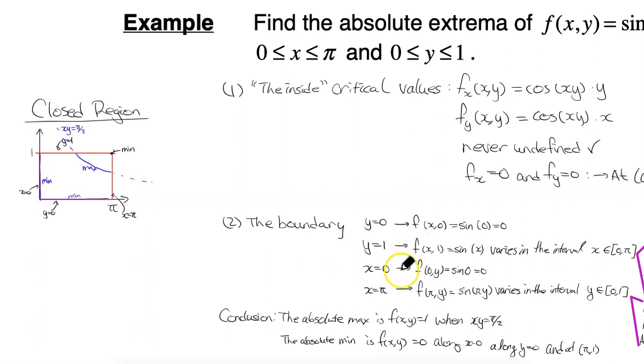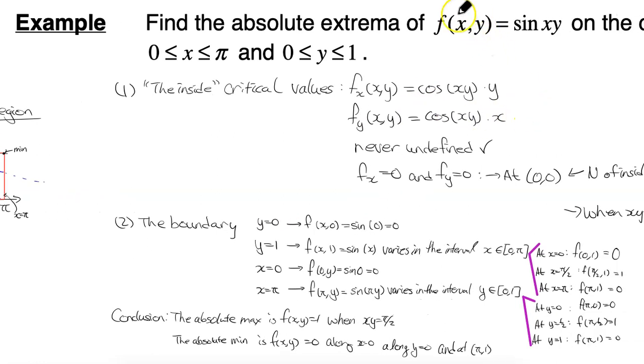Then, if x equals 0, f of 0, y is going to be equal to sine of 0, and it's 0. So again here, all the surface is at a height of 0 along all these points, as we saw earlier. Finally, the last boundary is x equals pi. So if we plug in x equals pi here, we get sine of pi y.